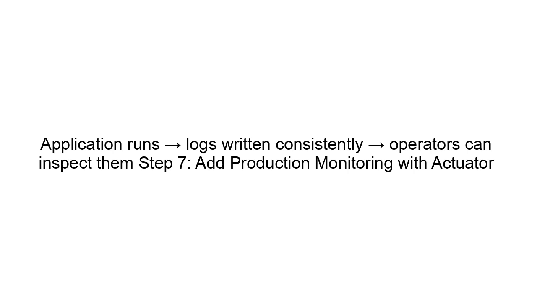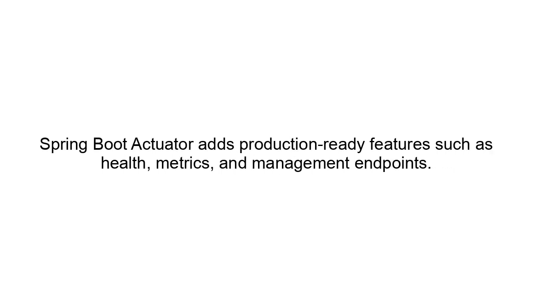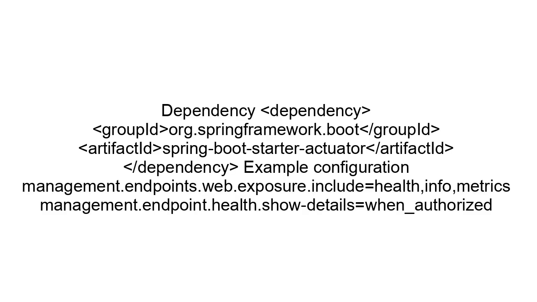Step 7. Add production monitoring with Actuator. Spring Boot Actuator adds production-ready features such as health, metrics, and management endpoints. Dependency: groupId org.springframework.boot, artifactId spring-boot-starter-actuator.